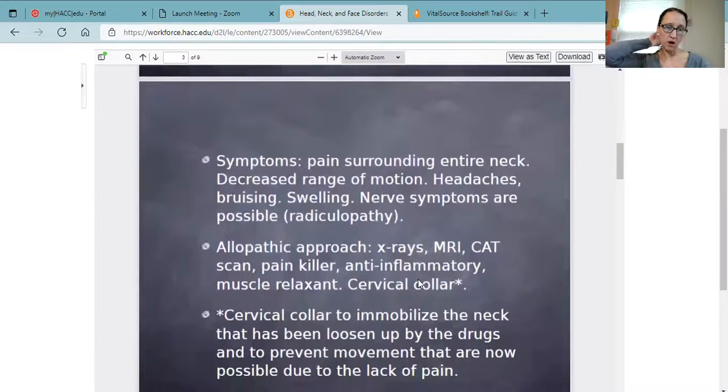So the symptoms are pretty standard. It's going to be pain, decreased range of motion, swelling, headaches, bruising in the area, depending on what exactly you did. The thing is, there are degrees of whiplash, just like there are degrees of disc degeneration. And I believe they're graded 1 through 4.